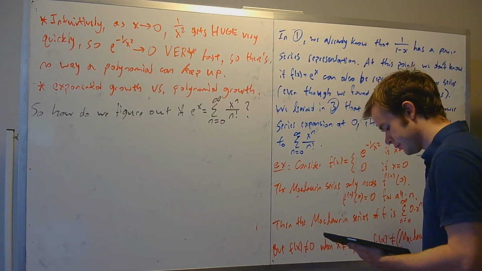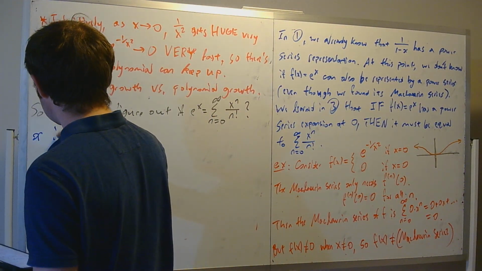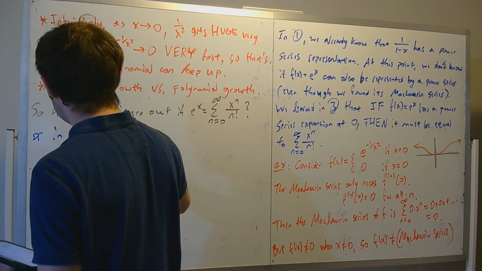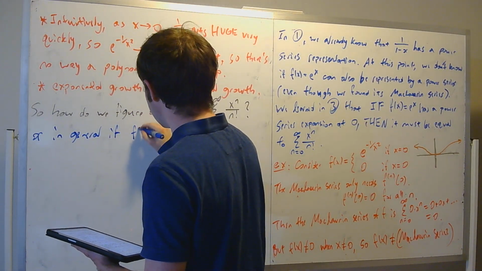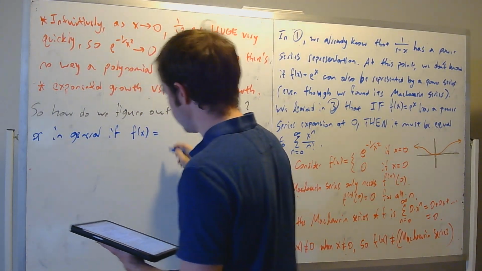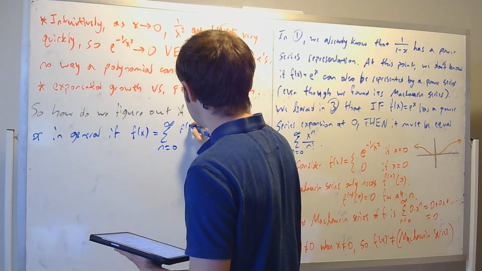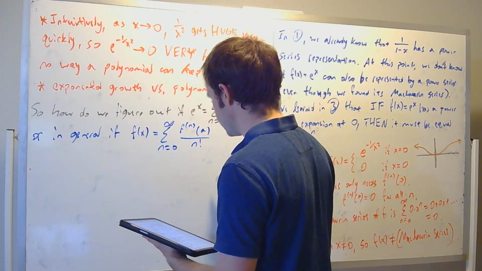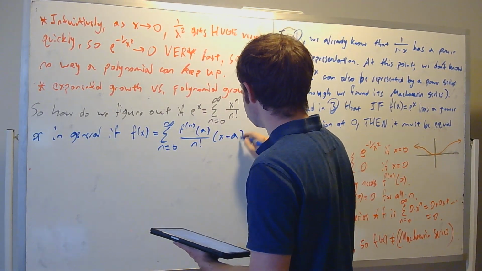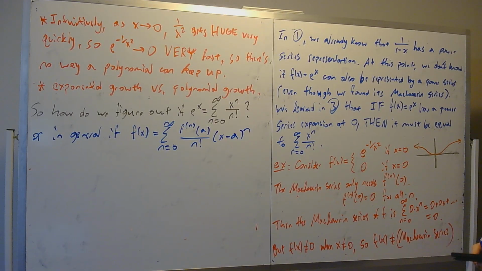Or in general, if f of x actually equals its Taylor series expansion, which is the nth derivative at a over n factorial times x minus a to the power of n. So when is it actually true that a function is equal to its Taylor series expansion?